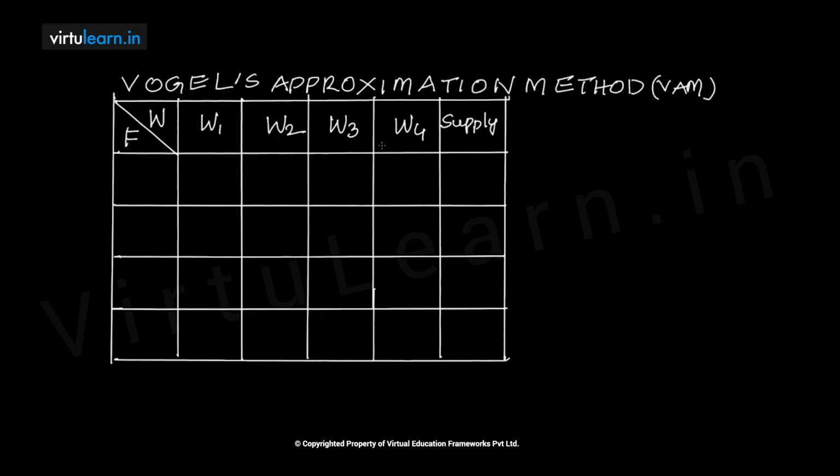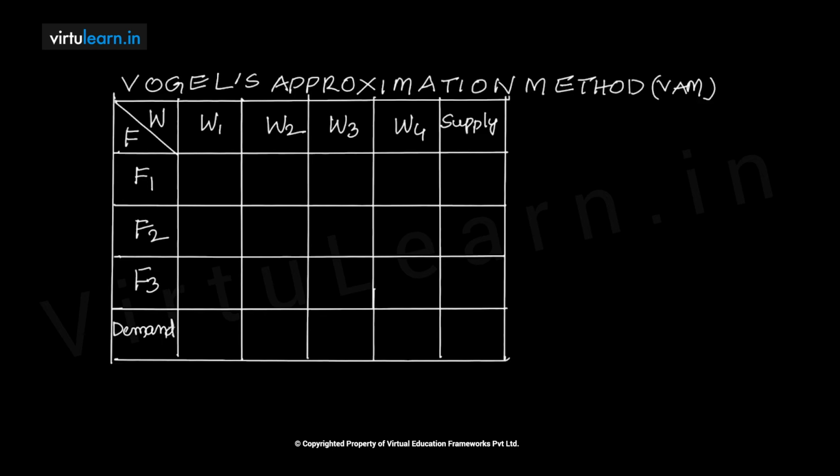That means each row we'll examine and identify the lowest cost in that row, and next to lowest cost in the same row, and write down the difference.